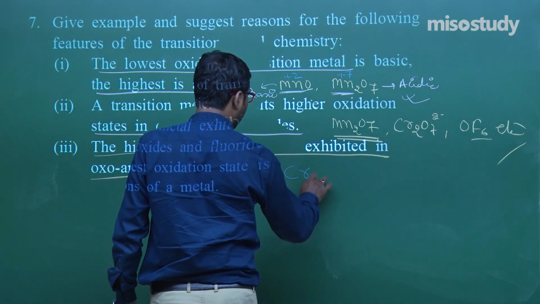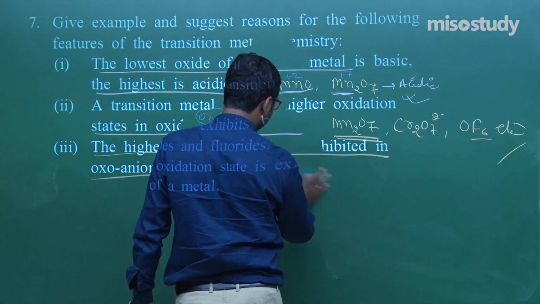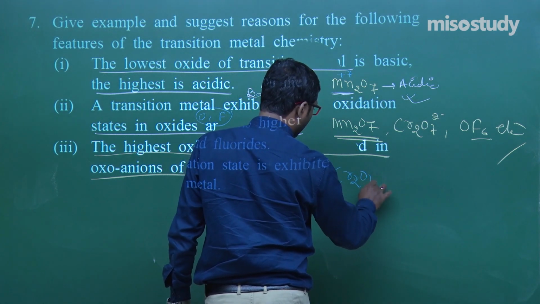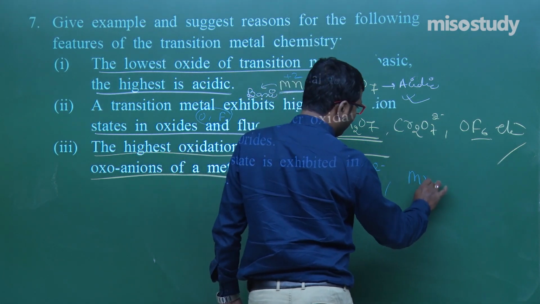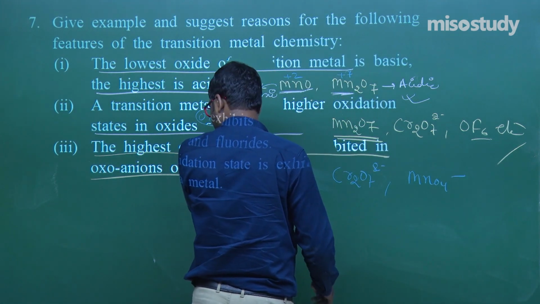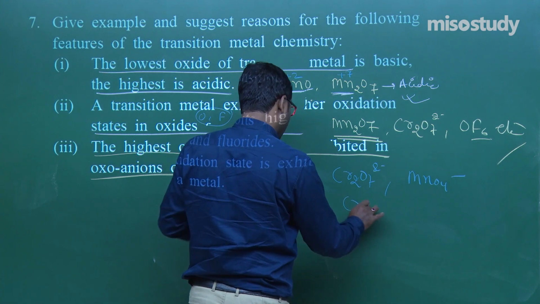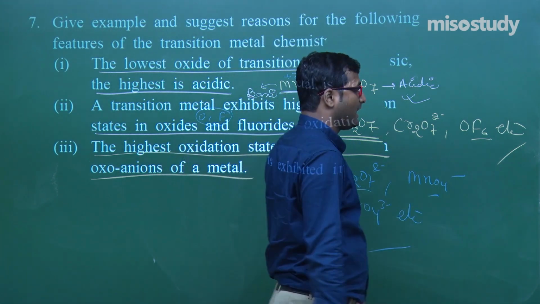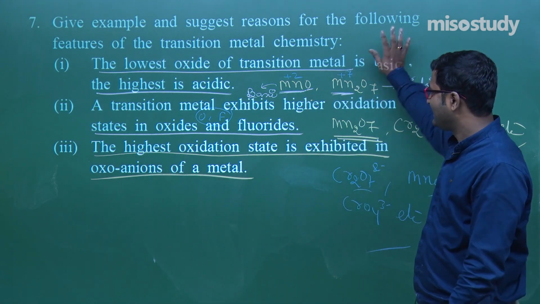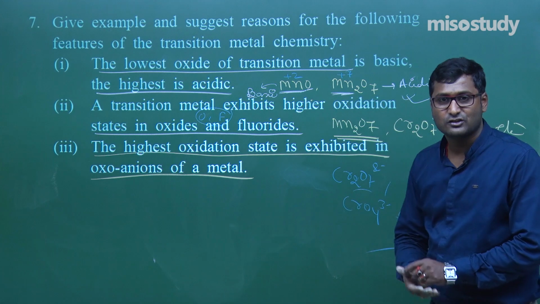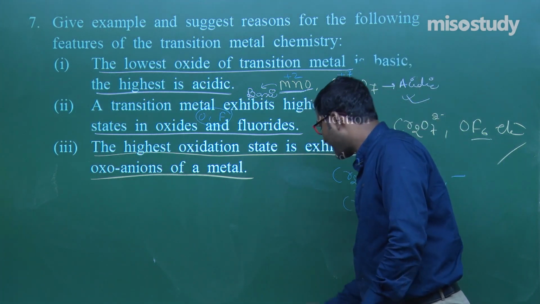For example, oxoanions Cr2O7 2 minus, MnO4 minus, CrO4 3 minus, etc. all involve oxygen, and oxygen has a small size, so it easily oxidizes, my friend. Clear? These are very small things and you can easily remember them.